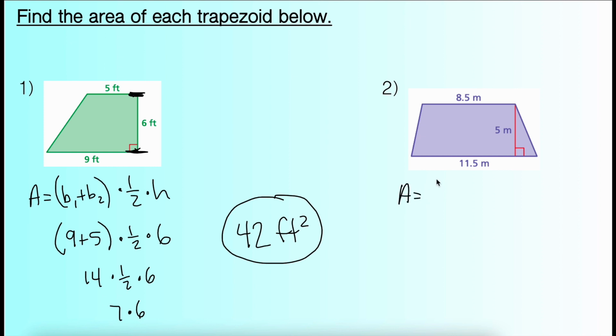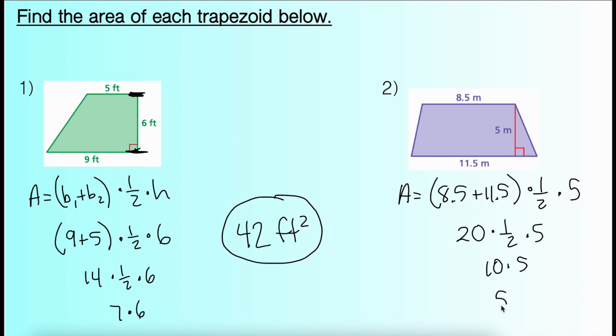Hopefully you did 8.5 plus 11.5. Cut that in half, multiplied by 5. So 8.5 plus 11.5 is 20. Half of 20 is 10. Times 5 is 50. And the label would be meters squared. Area is always units squared.